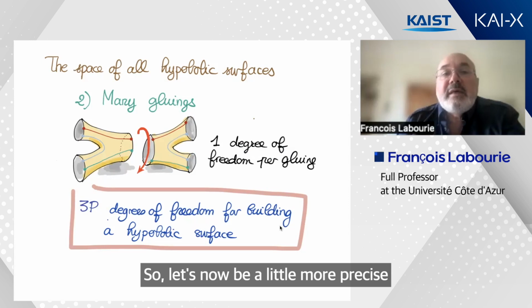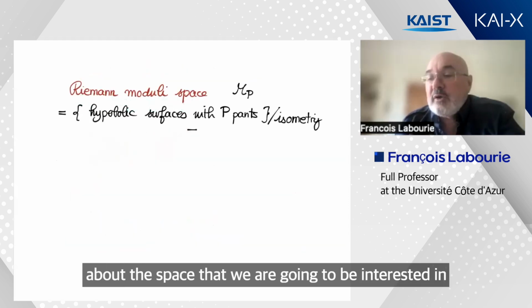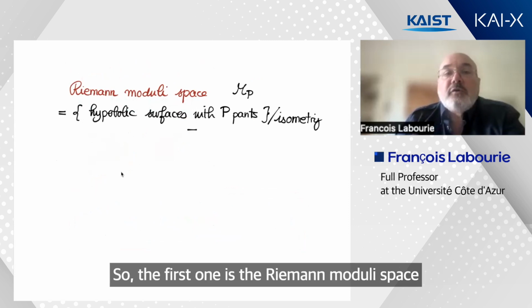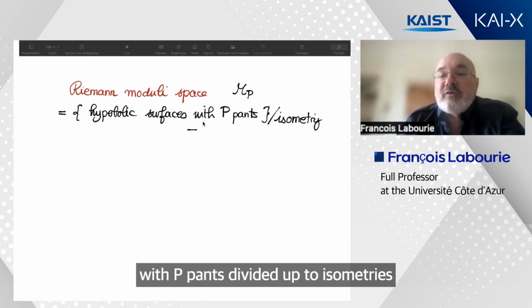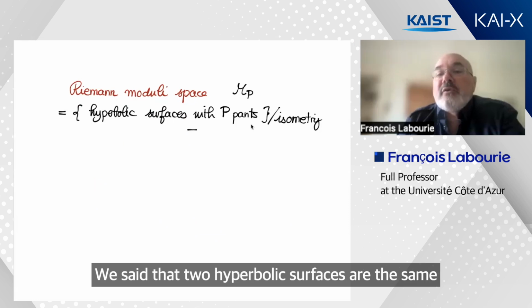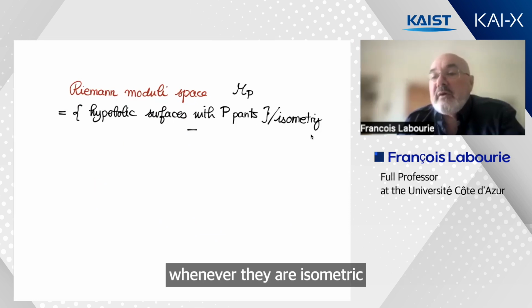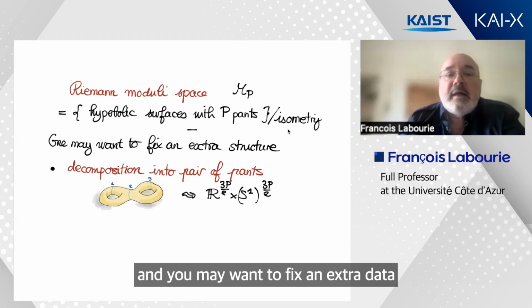So let's now be a little more precise about the spaces that we are going to be interested in. The first one is Riemann moduli space. Riemann moduli space is the space of hyperbolic surfaces with p pairs of pants, up to isometries. We said that two hyperbolic surfaces are the same whenever they're isometric. So this is a pretty complicated space, and you may want to fix extra data.